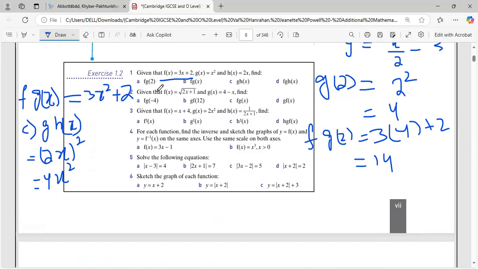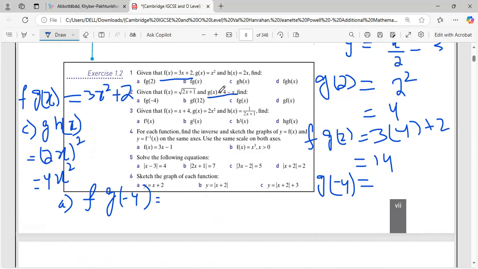Next is question 2. Given that f of x is equal to root of 2x plus 1 and g of x is equal to 4 minus x, find. It's very simple. Look at part A. Part A is f of g of negative 4. First of all, g of negative 4. Where is the g function?